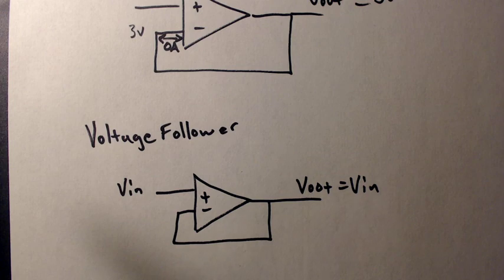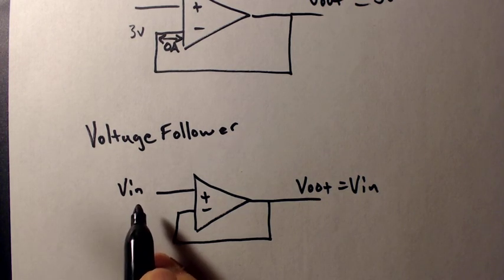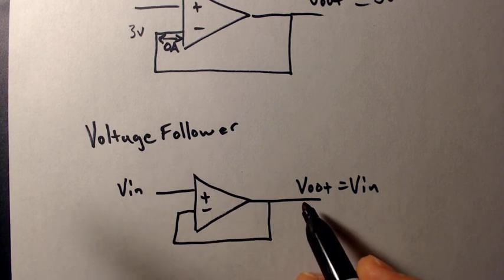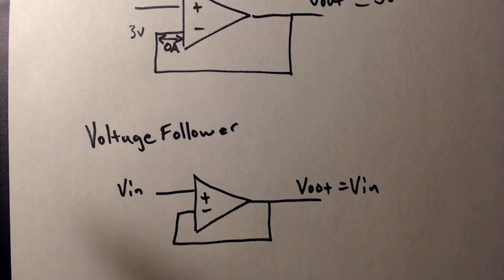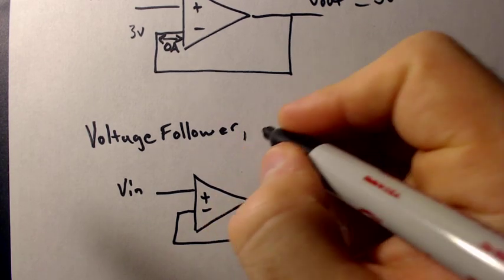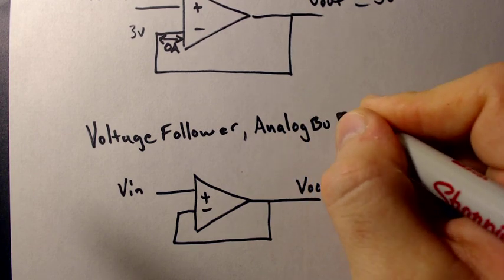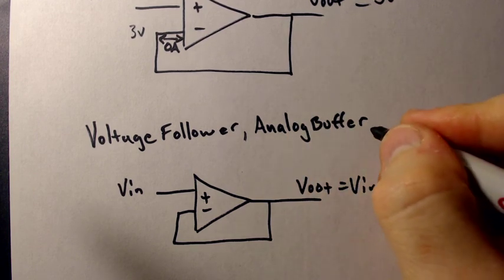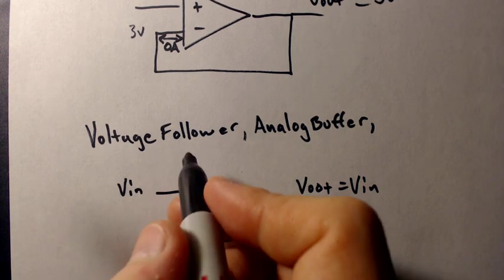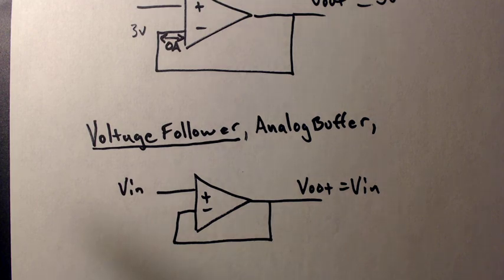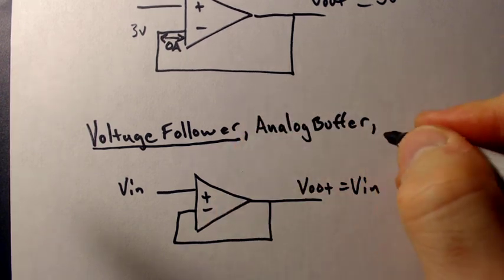Since the output is the same as the input and the op-amp seems to be buffering the input from the output, we could also call this an analog buffer. Most people will call it a voltage follower, but analog buffer is totally an acceptable and valid name for it. And some people call it that.